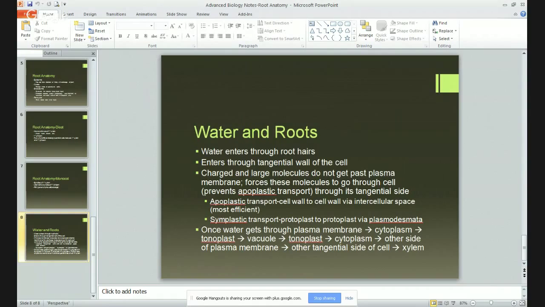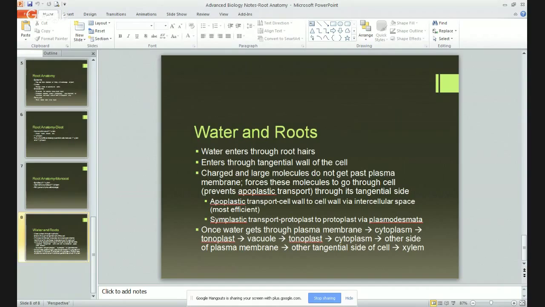So this is where the tangential walls, remember that's the front and the back, do not produce that suberin. If you recall back from osmosis, this was a long time ago, but charged and large molecules do not get past the cell membrane.